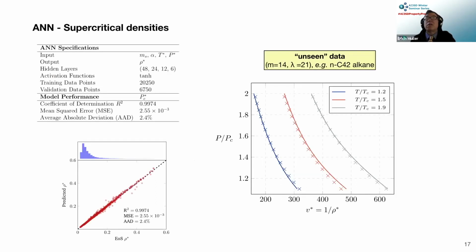Supercritical densities did not pose much of a problem. Again, we used artificial neural networks with a reasonably simple fitting procedure. We got what we thought was excellent agreement, and we were able to predict, for unseen data, for example, which were within the phase space, a very good fit.